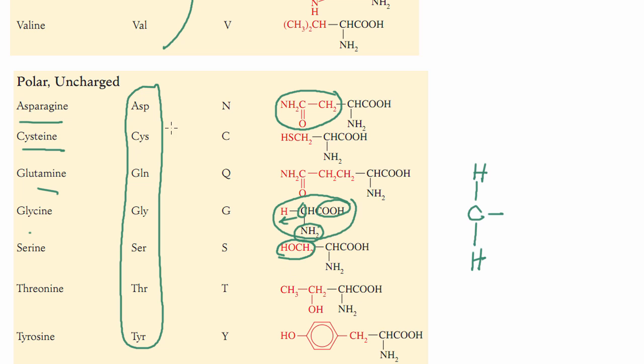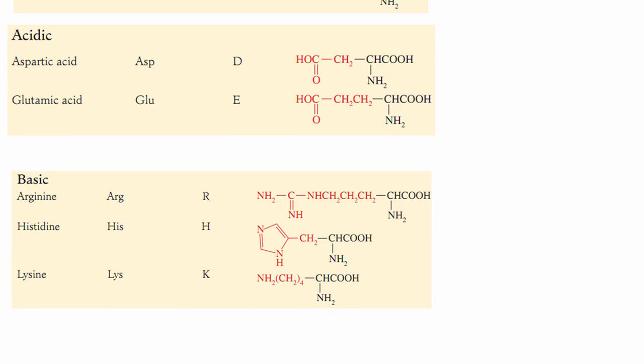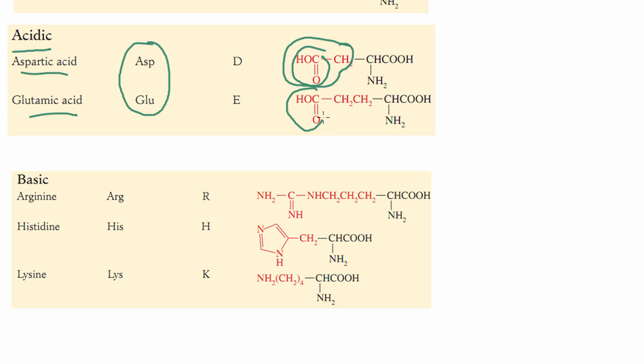Make sure that you know and that you can identify these polar and non-polar amino acids, okay? Because I will ask you on the exam. I'll probably give you a structure and ask you, is this amino acid polar, non-polar, acidic, or basic? Here we have the acidic amino acids, aspartic acid and glutamic acid, with their 3-letter abbreviations, and in the side chain we have carboxyl groups on both of these.